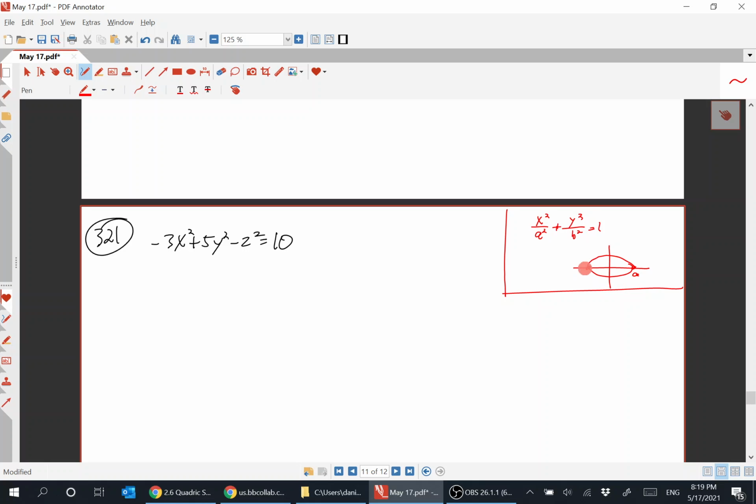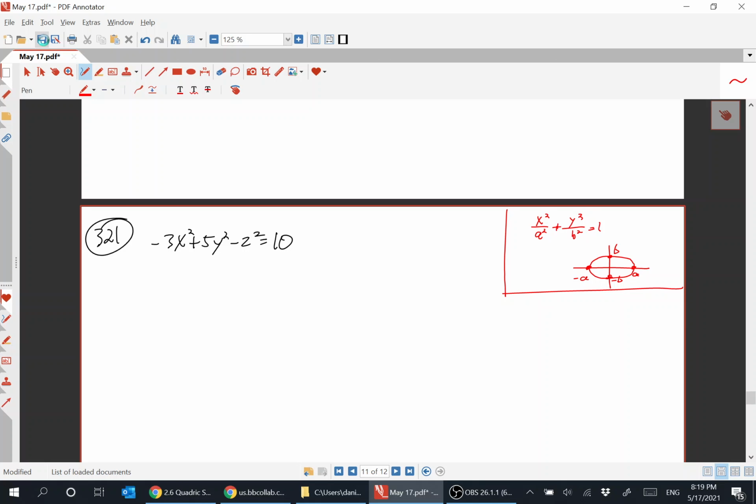That's a, b, minus b. That's a terrible picture, but try it again. Still bad. Okay, passable.